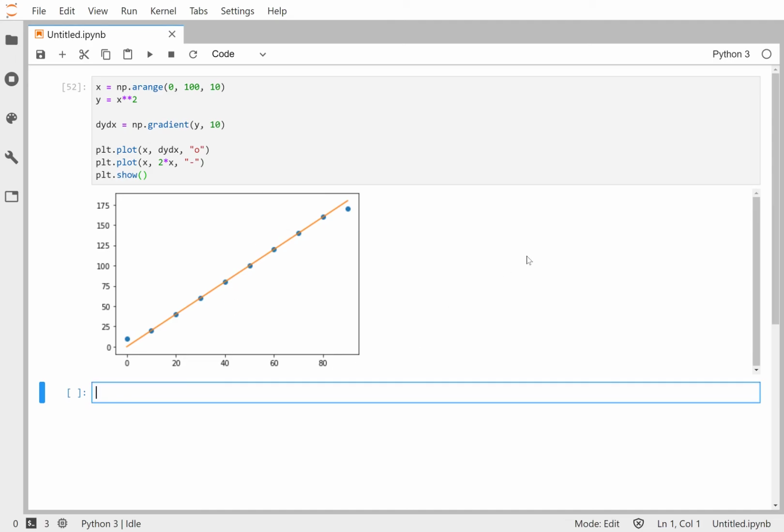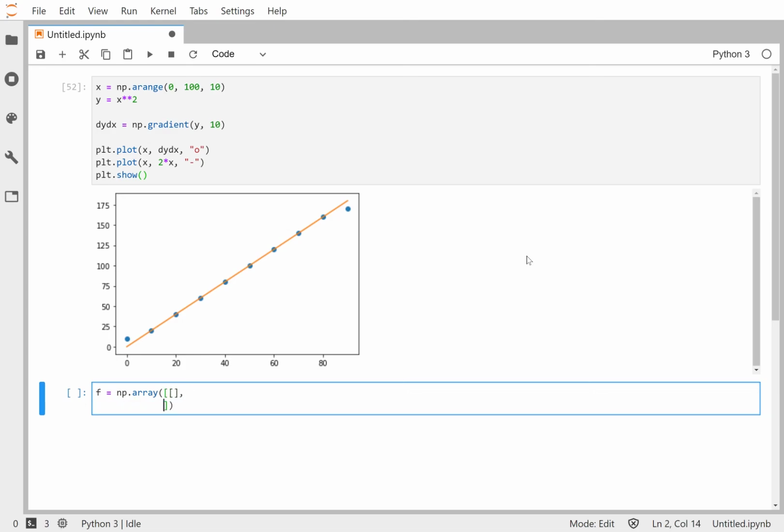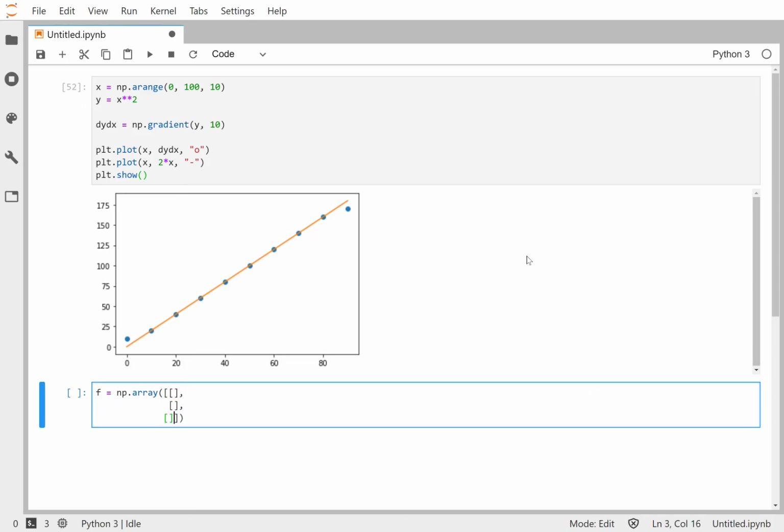Let's look at a two-dimensional example. So we're going to make f here. Yeah, f's fine. And let's make it a 2D array, as a list of lists. Let's go with a 3x3. Get that lined up nicely. All right.